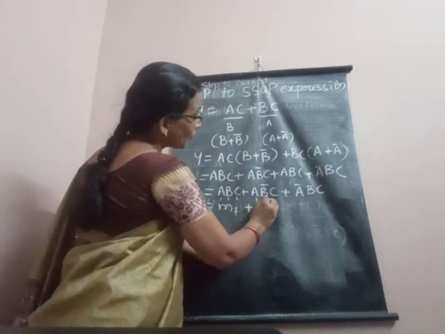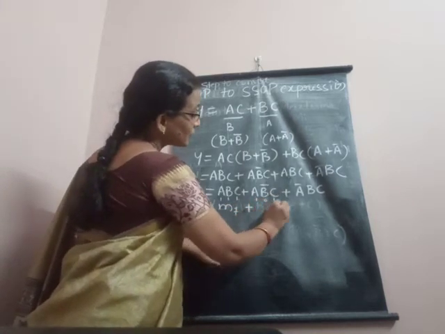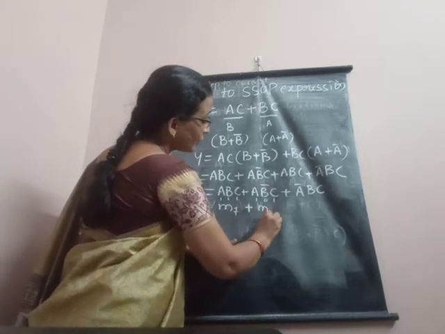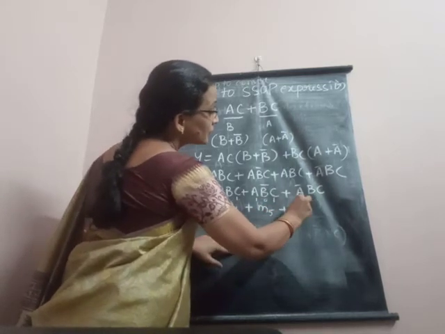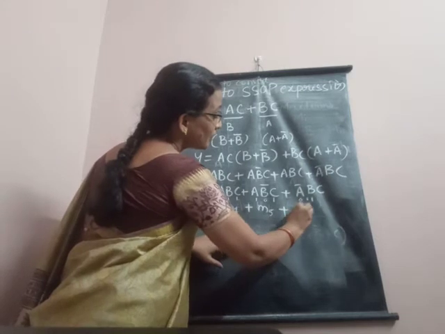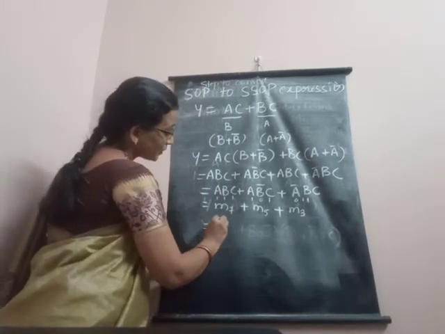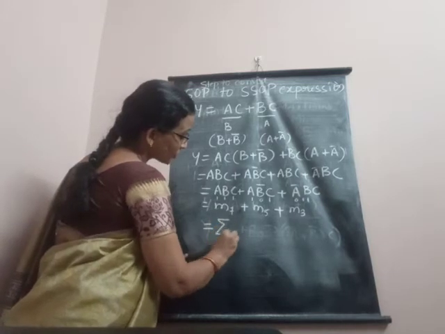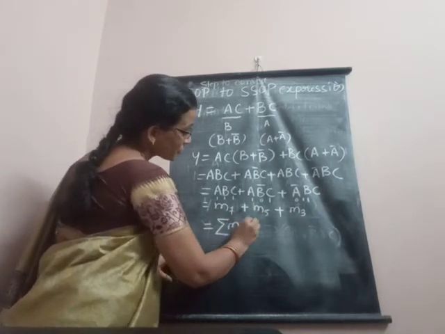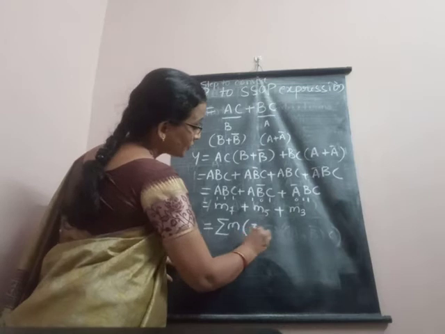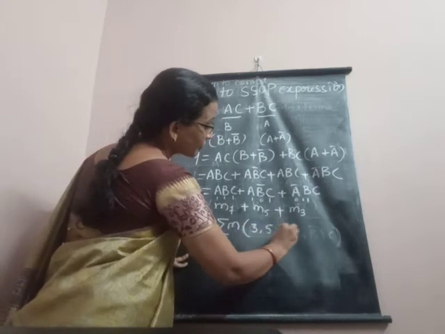This is 101. That means it is M5 plus 011 means it is M3. Okay. So min terms are represented by using summation notation. Summation of M of 3, 5, 7.